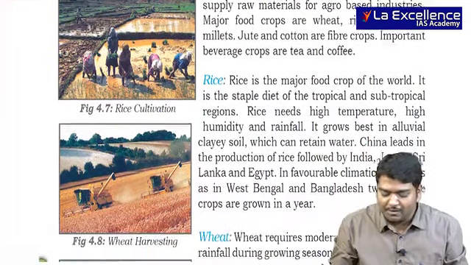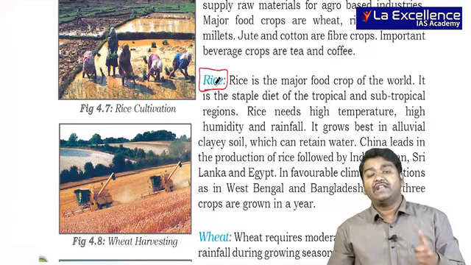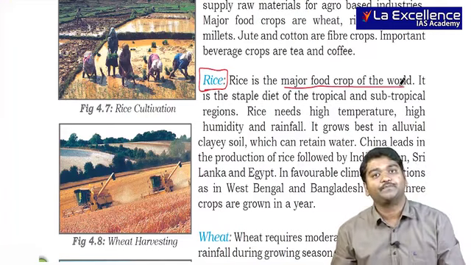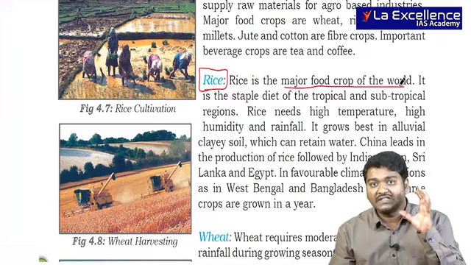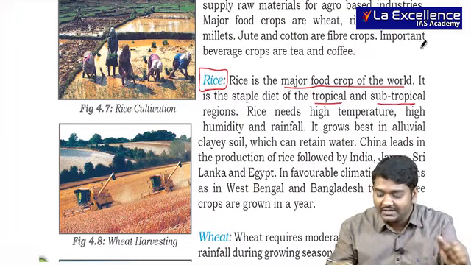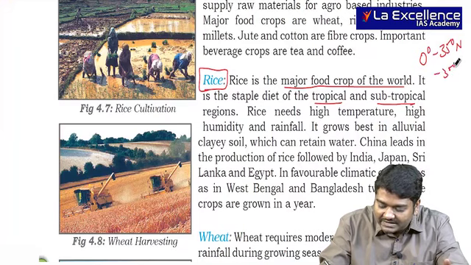The very first important thing that we need to focus on is rice. Rice is a major food crop of the world. And remember, rice is usually grown in tropical and subtropical regions, that is from 0 degrees to 35 degrees north or 35 degrees south.